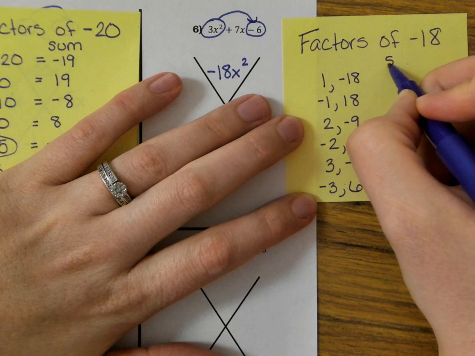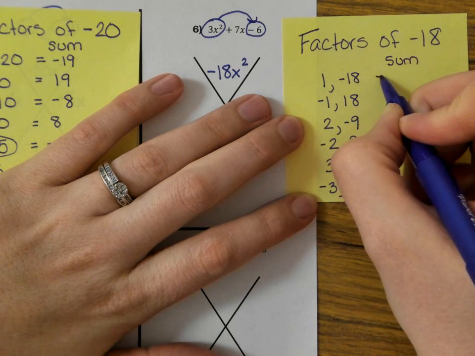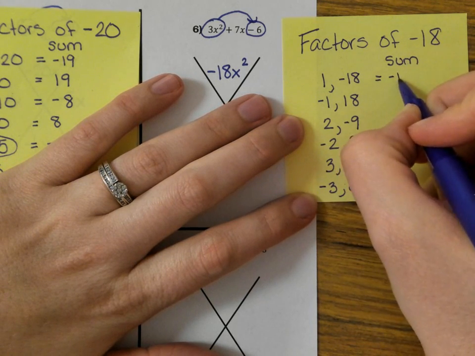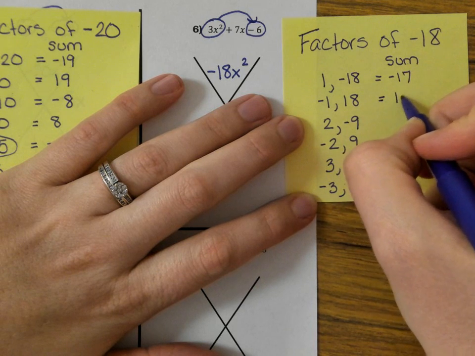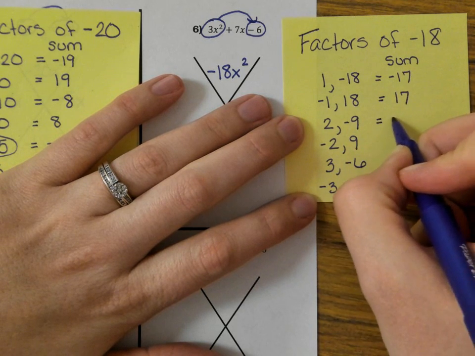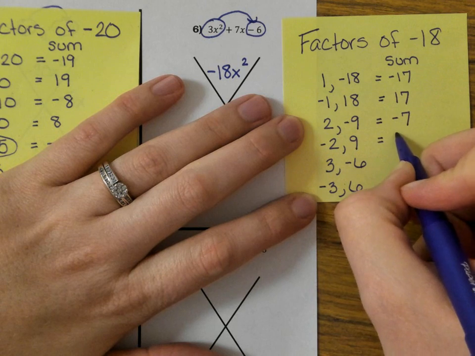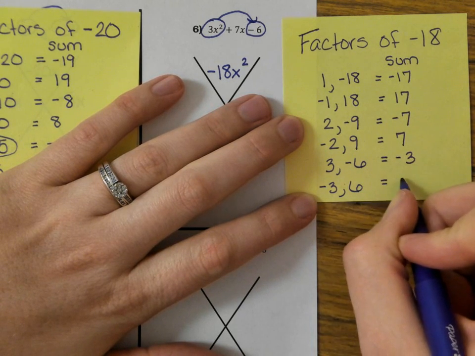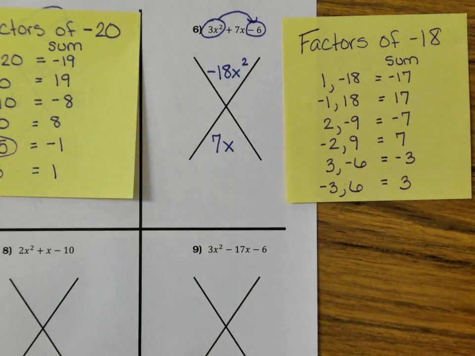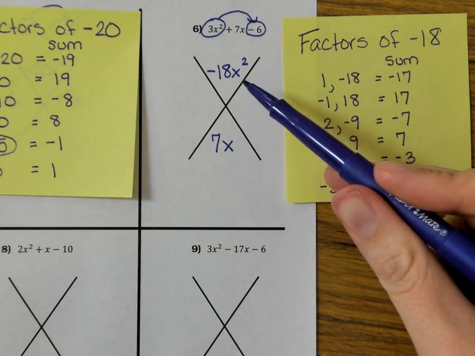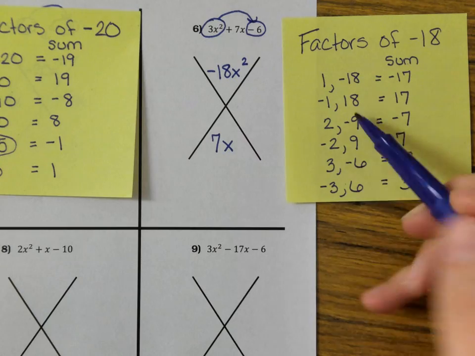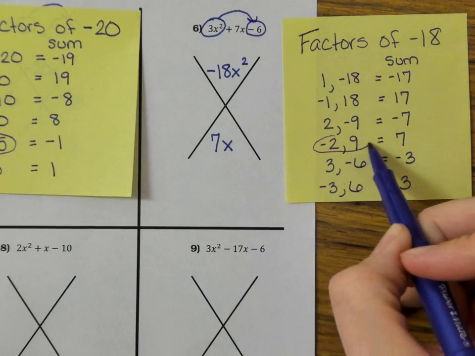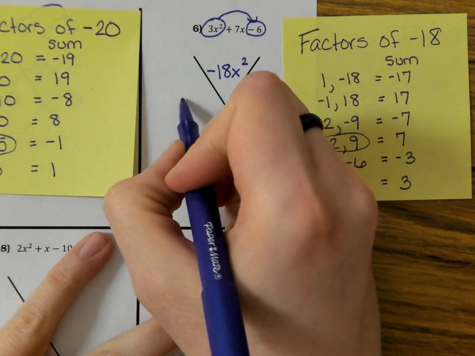And then let's find the sum. Add it up, you get negative 17, positive 17, negative 7, positive 7, negative 3, and positive 3. So the factors of negative 18 that add to 7 are negative 2 and positive 9.